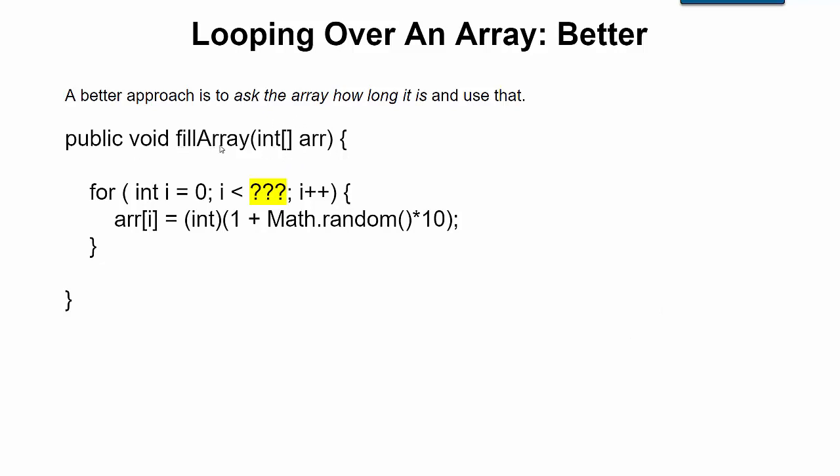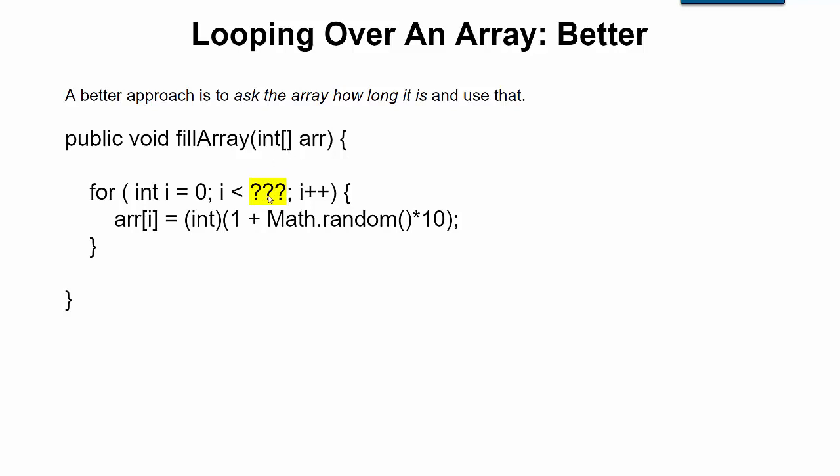So here I've got a method called fillArray. The parameter here is called r, and notice the data type is int[]. In case you were curious, that is how you pass an array as an input to a method. But here, I don't know how long the array is, because whoever's running this method is giving me an array, and it's probably going to be a different length every single time the method gets run.